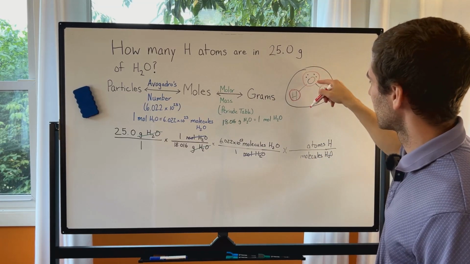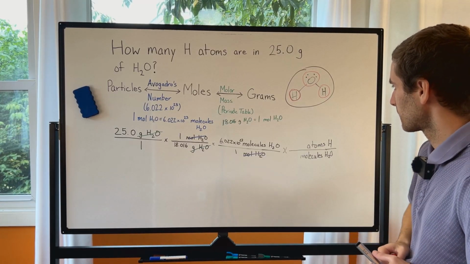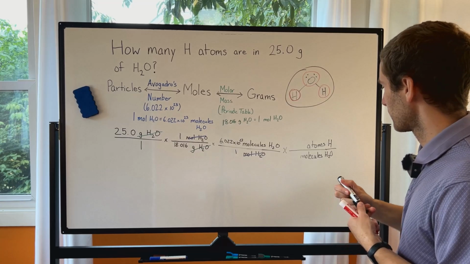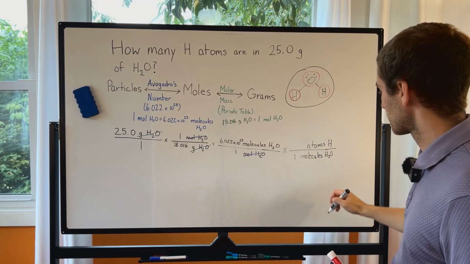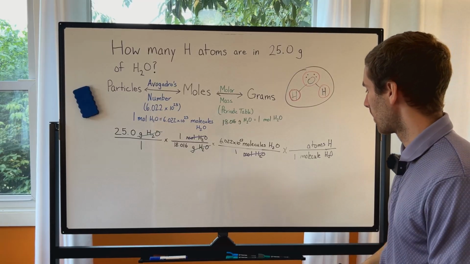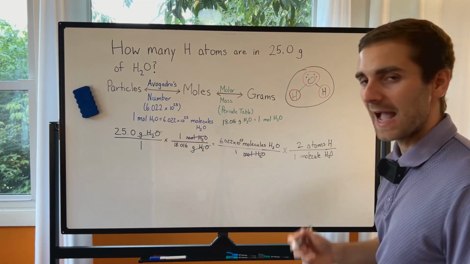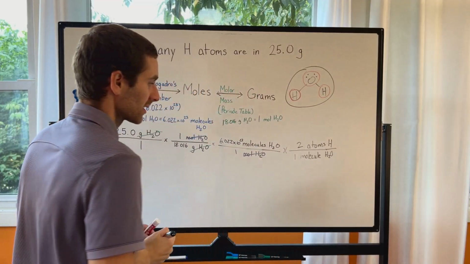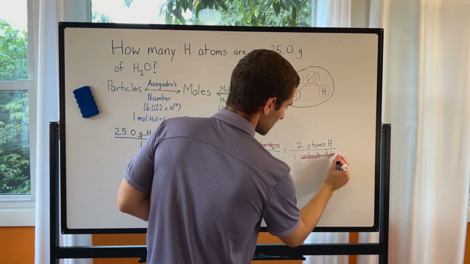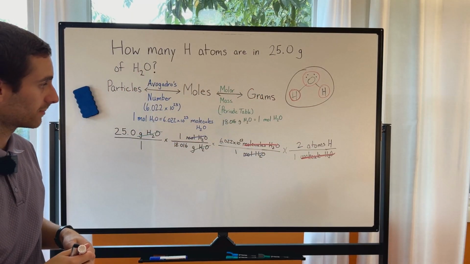It's just not a hydrogen atom, it's an oxygen atom. So what this tells us, if we just look at this, is in this 1 molecule of water, I'll just singularize that, because there's just 1. In 1 molecule of water, there are 2 atoms of hydrogen. That's our conversion for that. And now we're into atoms of hydrogen, our desired unit.